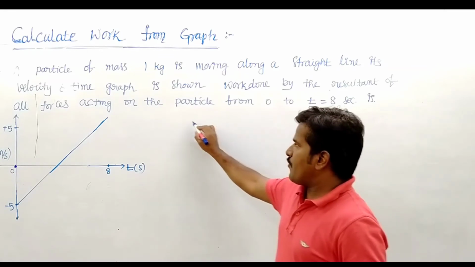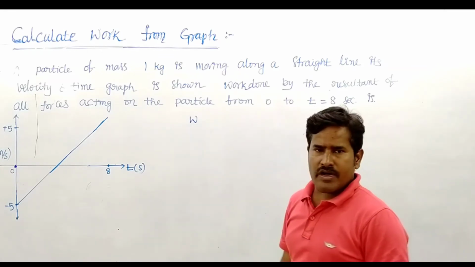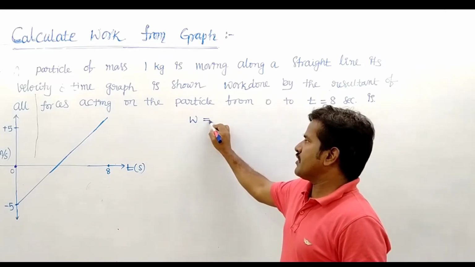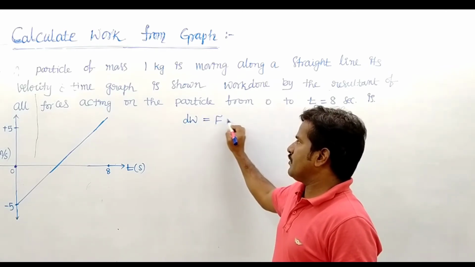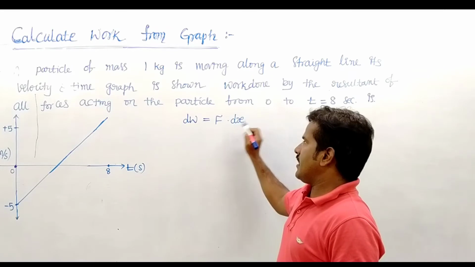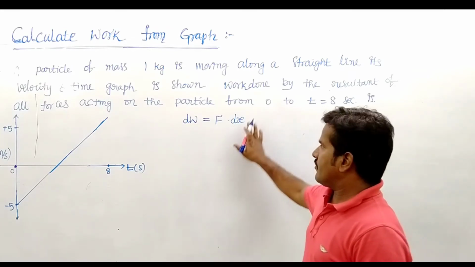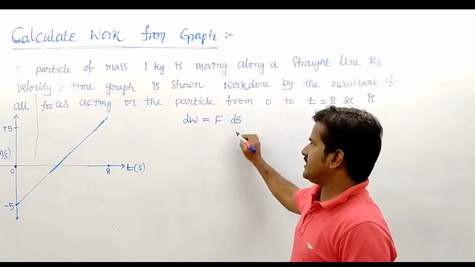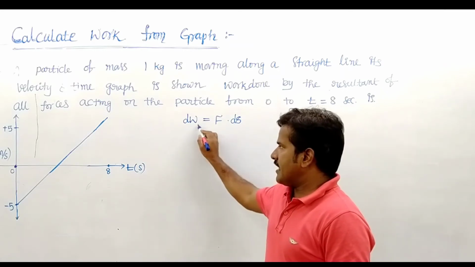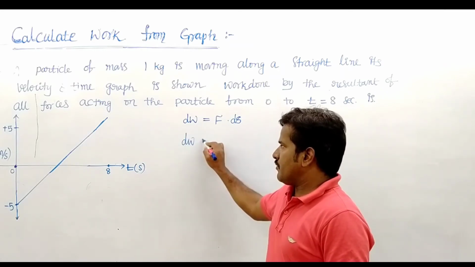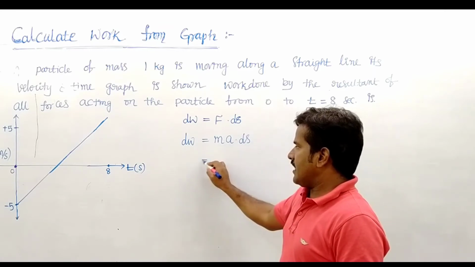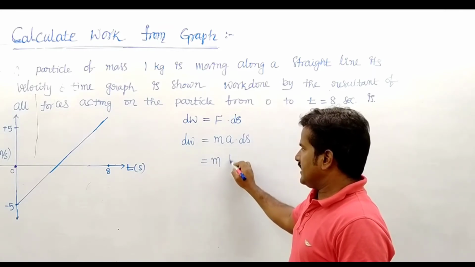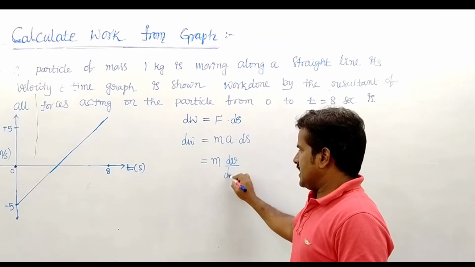In this case, work is written as force into displacement, where you know that dW equals F into dx, or F into ds. So dW equals m into a into ds. Acceleration is dv upon dt.